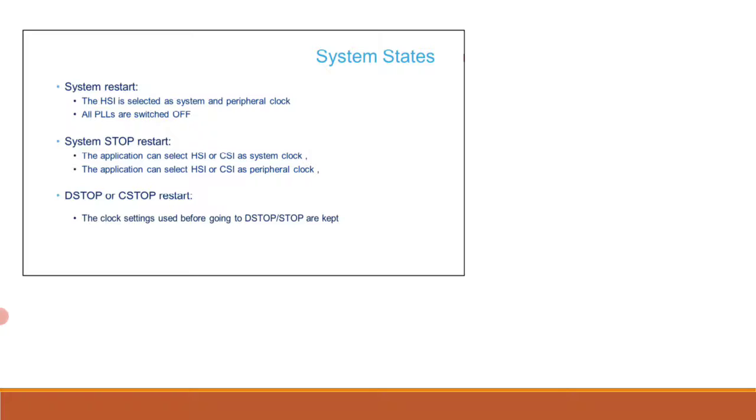The application can choose either the HSI or CSI as the system clock and peripheral clock. HSI and CSI are off after the D1 or D2 domain exits DStop or CStop mode. The RCC maintains the same clock setting as the one used before going to the low power modes.